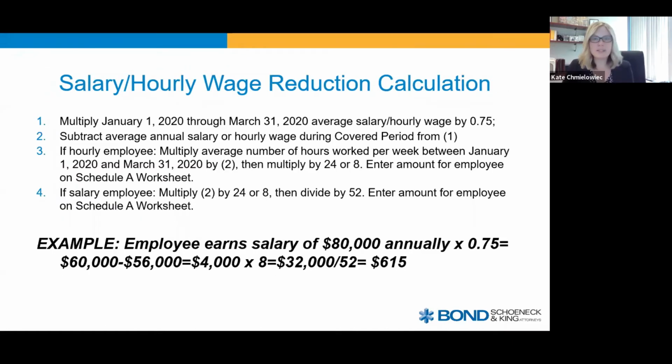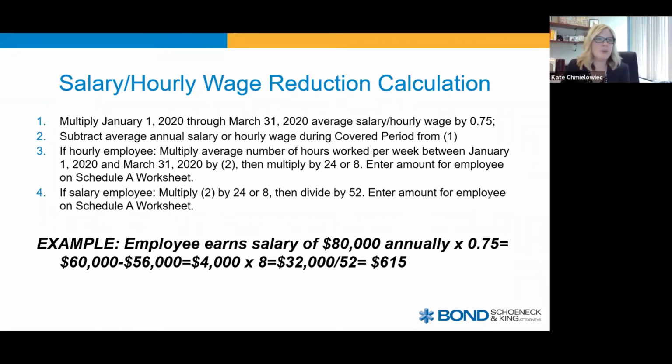Okay, so since the safe harbor has not been met, here we're going to have to do the salary and hourly wage calculation. So as you can see here, step one is multiplying the January 1 through March 31, 2020 average salary, or if they're hourly employees, you're going to use their average hourly wage, which could be whatever, $15 an hour, $20 an hour. And you're going to multiply that by 0.75.